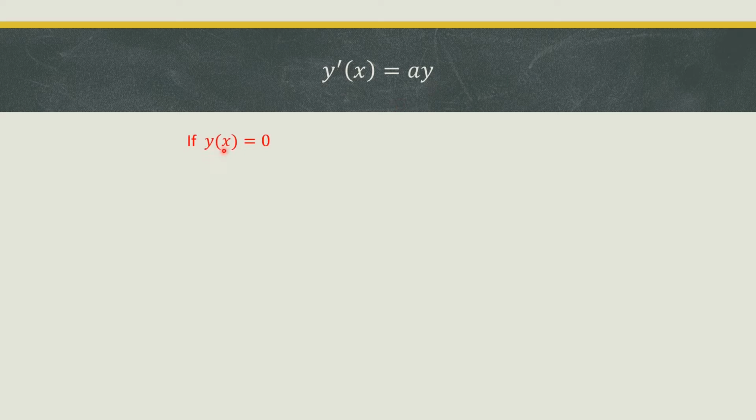In fact, if y equals 0, then the derivative dy/dx is just 0, and therefore y prime equals 0. That means y equals 0 is a solution to this differential equation, because when you substitute y equals 0 into this equation, you get an identity. So that means this is a solution.